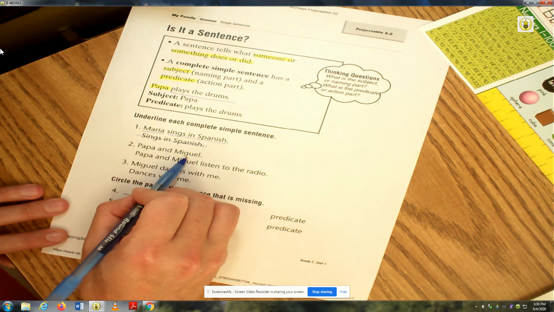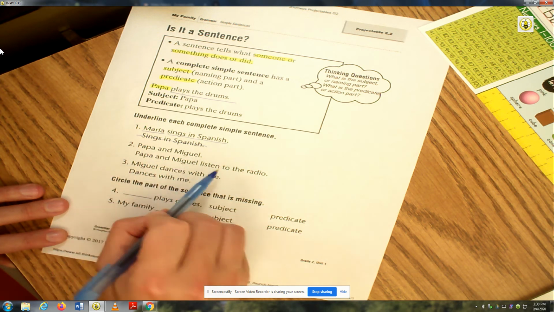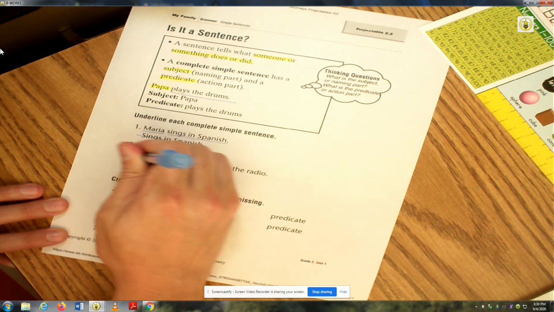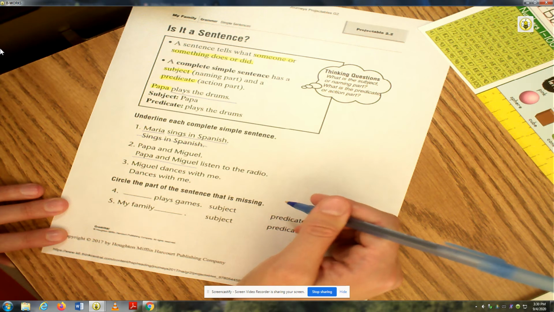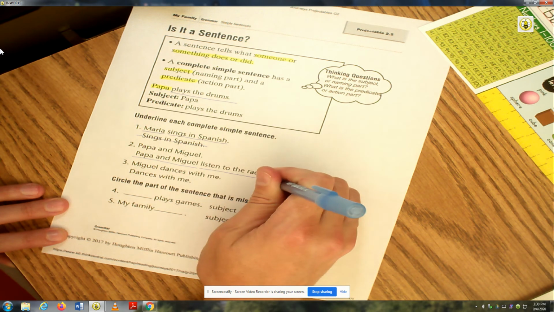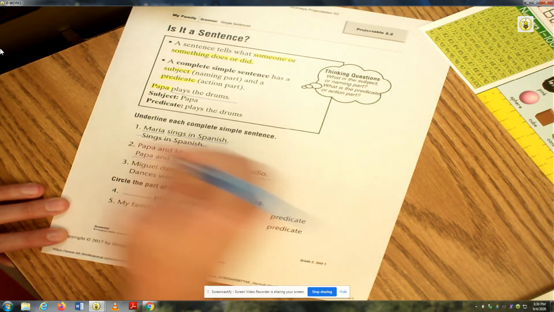No. Let's look at our second choice. Papa and Miguel listen to the radio. Papa and Miguel are the subject, the naming part. Listen to the radio is the action part, the predicate. That is a complete simple sentence.